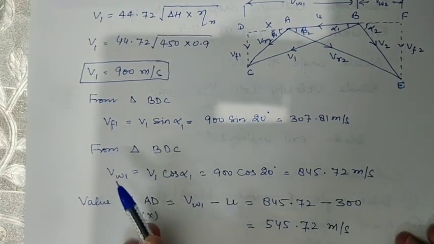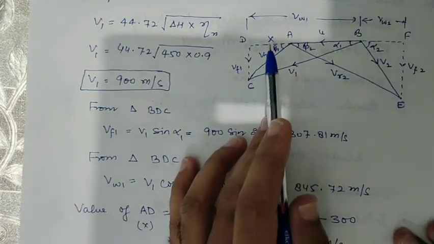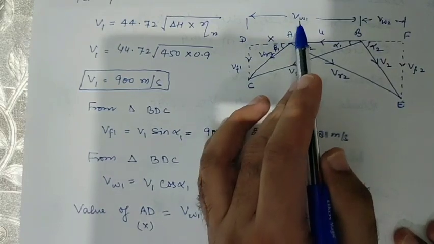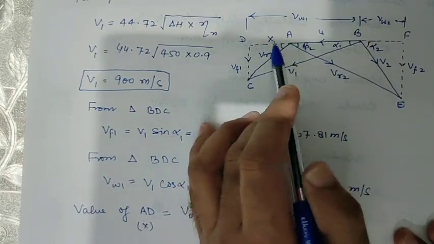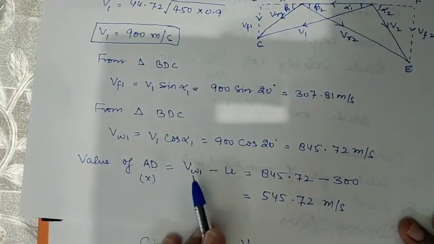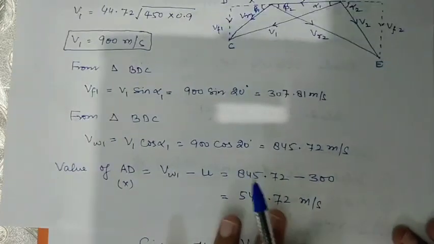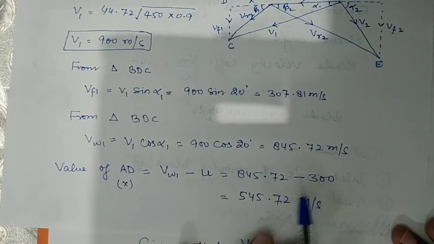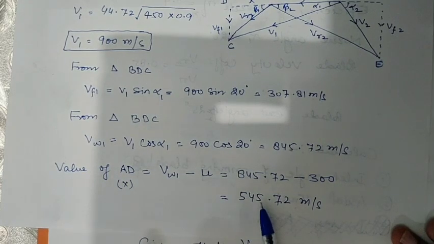Now the value of X, that is AD, is VW1 minus U. VW1 we have calculated, and U is given as 300 meter per second. So X is 545.72 meter per second.